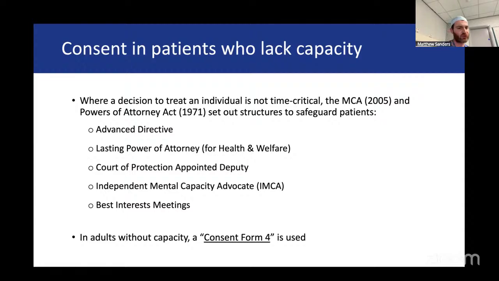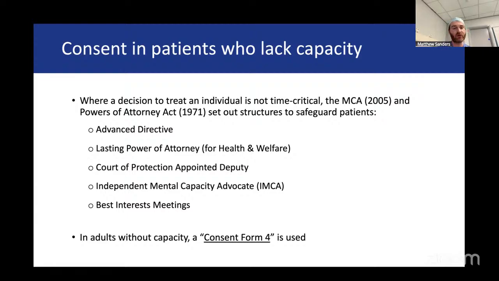And also there's a structure set out called a best interest meeting, where a multidisciplinary team of clinicians, relatives representing the patient can all get together and decide what they think would be in the best interest of an individual, such as decisions surrounding additional surgery, withdrawal of life-sustaining care, for example.